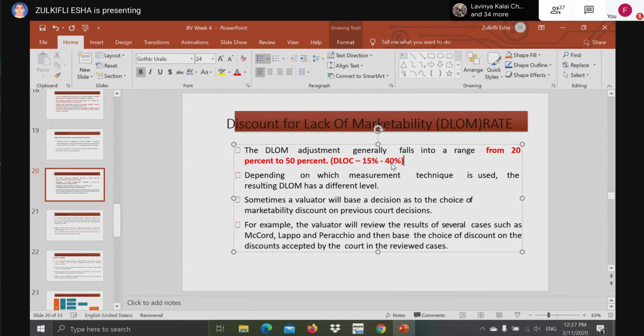Because as I mentioned last time, not everybody who is doing the business valuation is a valuer. Some of them is an accountant, some of them is a lawyer. So that's why we don't call them a valuer, we call valuator.